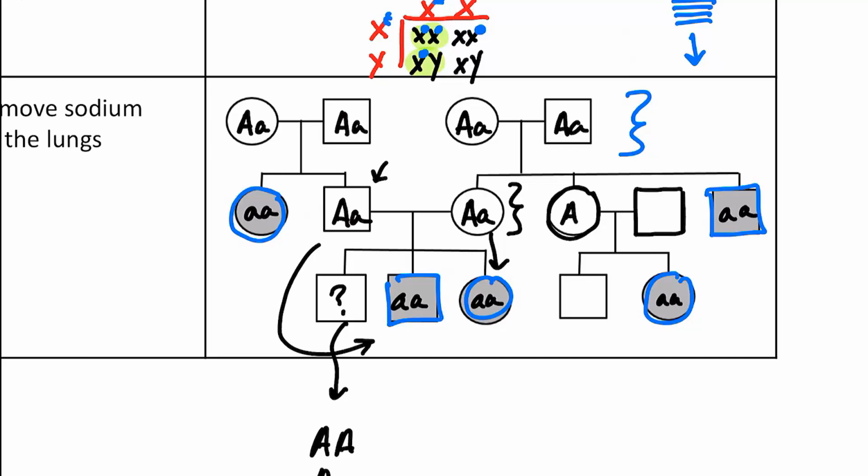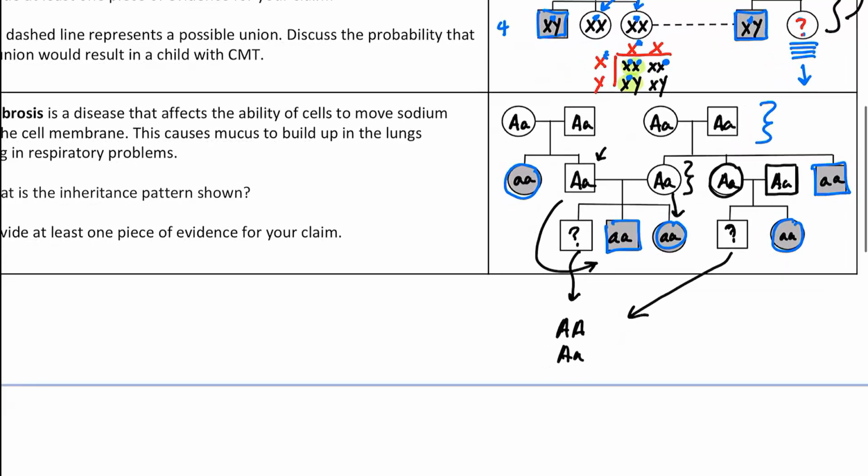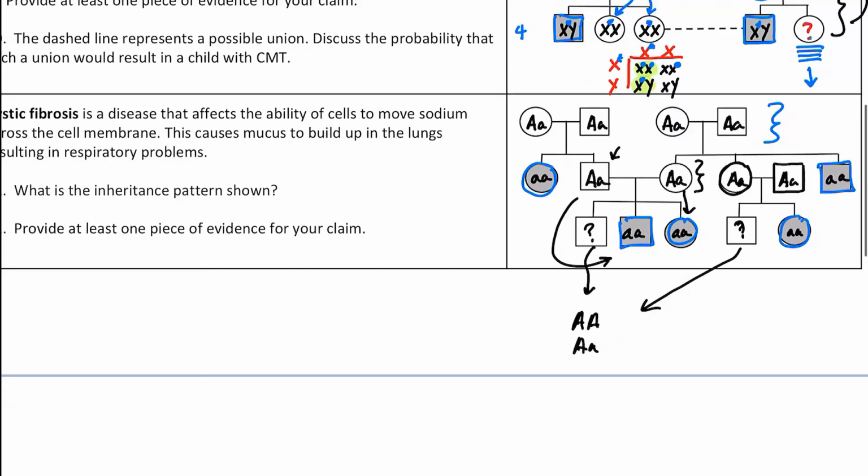So these must be carriers for the same reasoning. And again, same thing here. These individuals here could be either. We need more information. So another autosomal recessive inheritance pattern. Okay, so autosomal recessive.